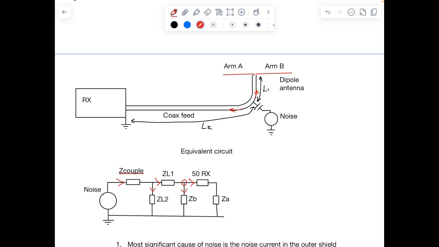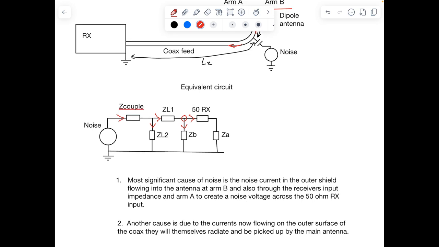You can see how it's a little bit complicated, but you can see how that noise voltage has somehow caused a noise current to flow through the receiver. And I'm led to believe, from what I've read, this is perhaps the most significant reason why your receiver sees noise.